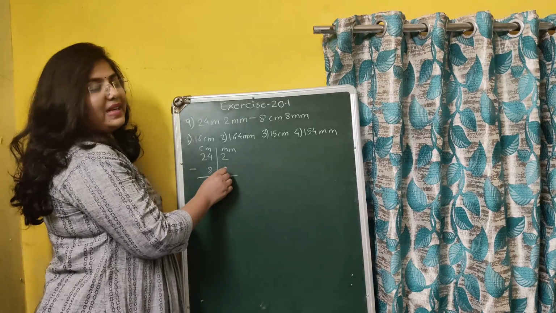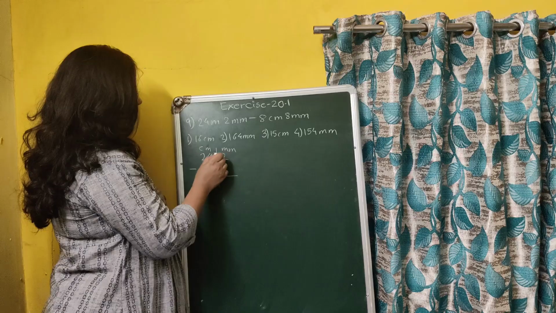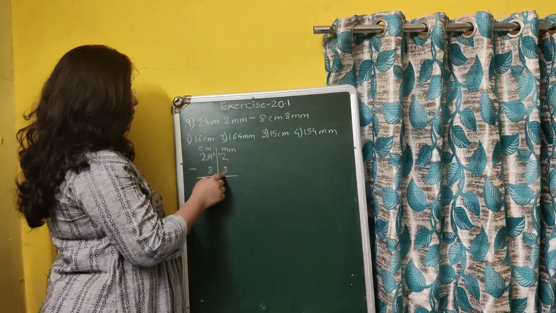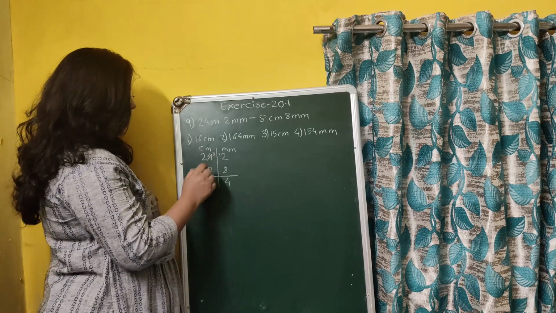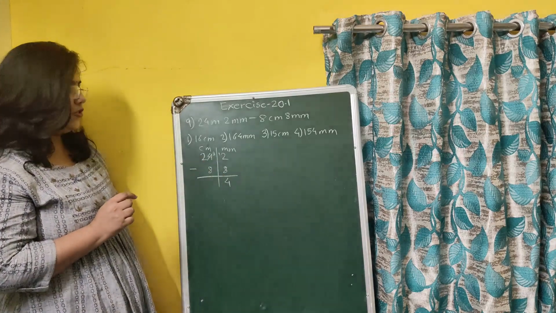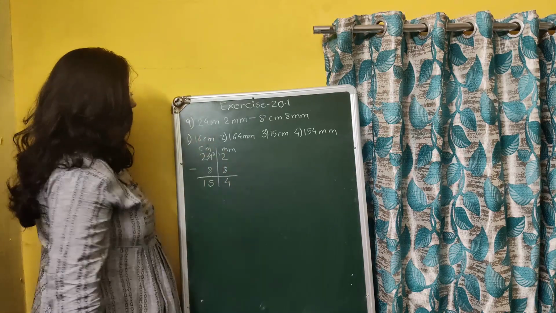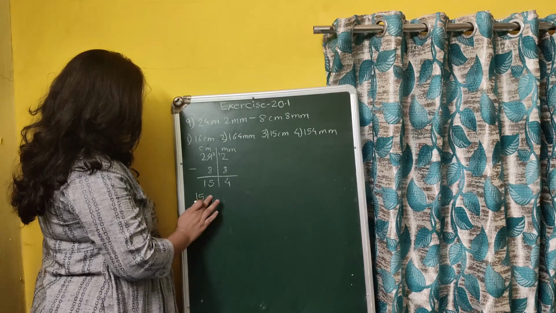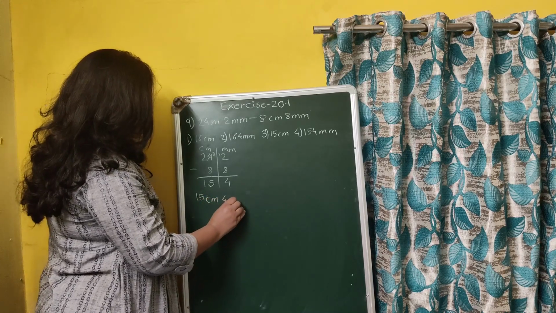We cannot subtract 8 from 2, so we need to borrow. Here we will have 3 and here we will have 1. 12 minus 8 is 4 and 23 minus 8, how much is that? Do you know? It is 15. So our answer is 15 centimeters and 4 millimeters.